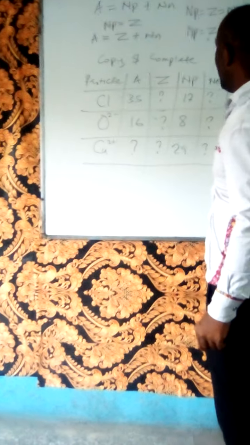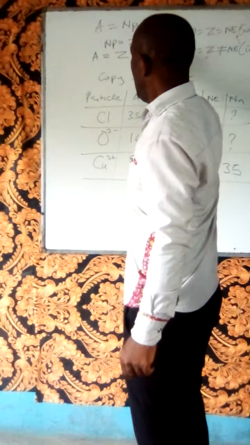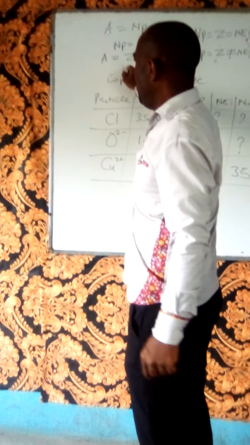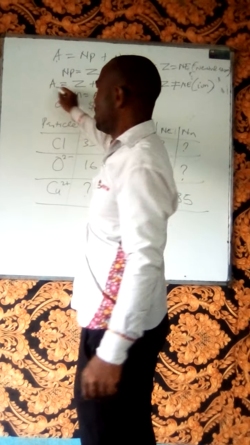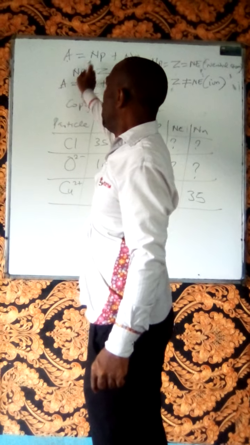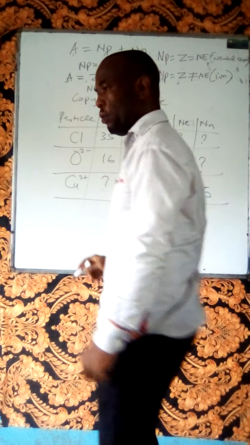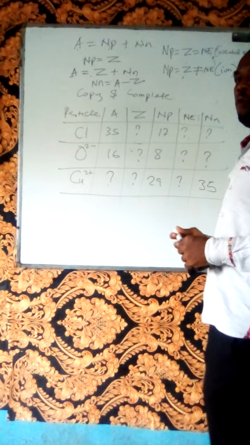This is for an ion or charged particle. Then if I make the number of neutrons the subject, it becomes A minus Z, or A minus proton. So having done that, we can go ahead and fill up this table.